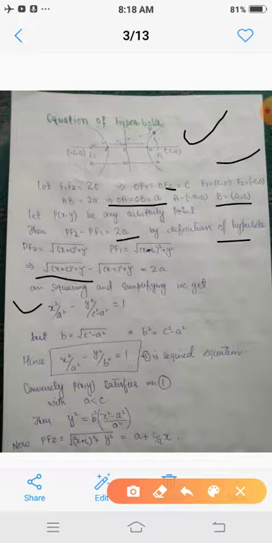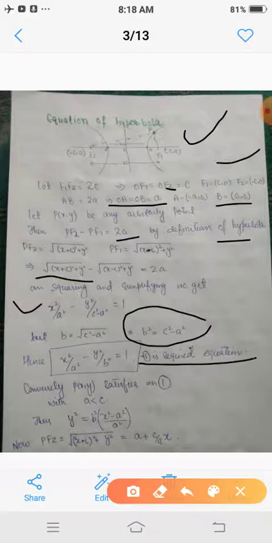And we define another constant b as b equals root of c square minus a square, which implies that b square equals c square minus a square. Substituting in this, x square upon a square minus y square upon b square equals 1, where b square equals c square minus a square, is the required equation when P(x, y) lies on this hyperbola.